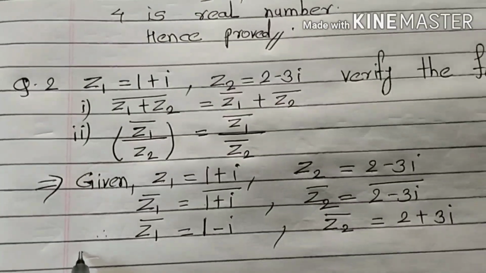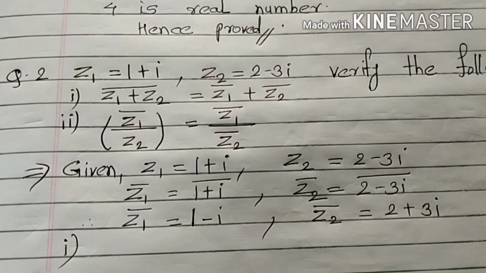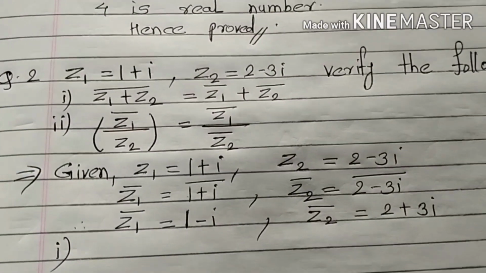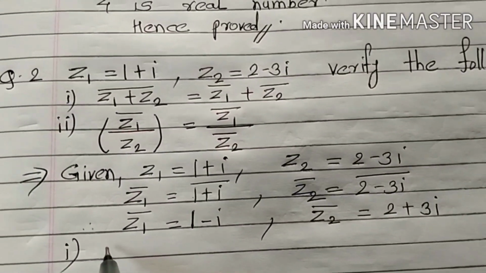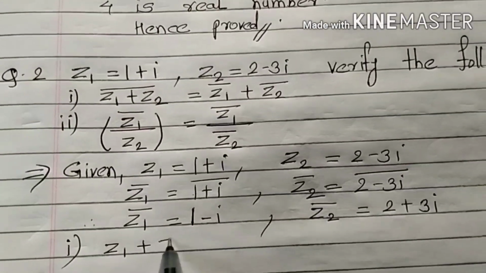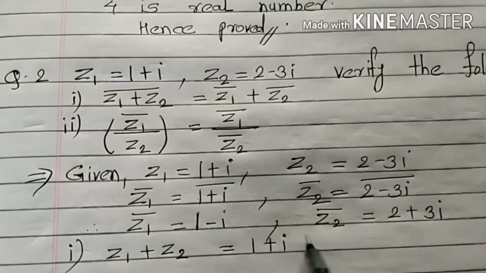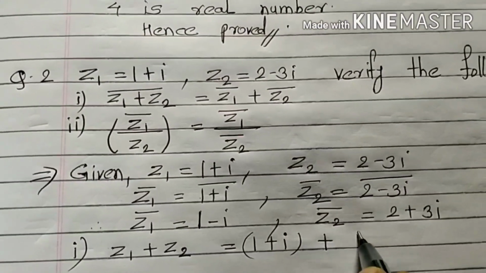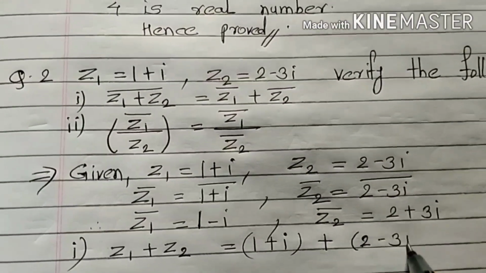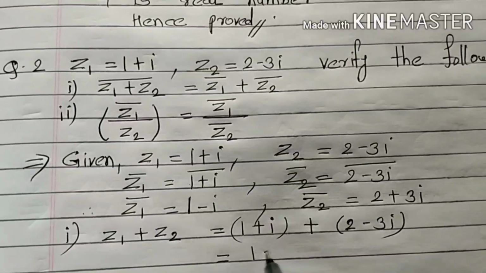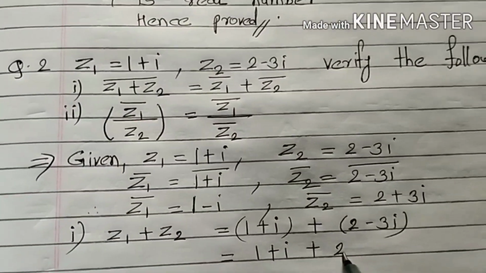Now first, bar of z1 plus z2. So take only z1 plus z2. We know that the value of z1 is 1 plus i plus the value of z2 is 2 minus 3i. Now take the addition, or remove the brackets.